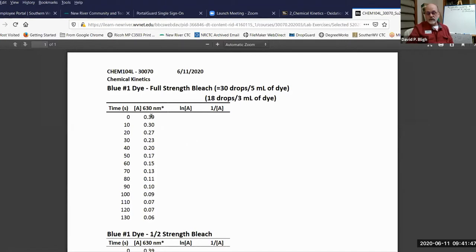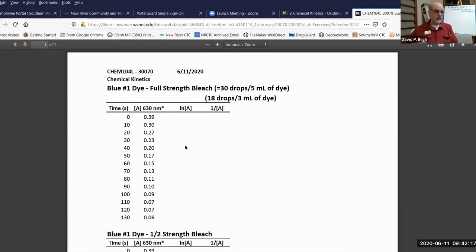It's up to you to graph each one and determine which one is the proper order for that reactant. In this case, it would be for the blue dye. Later I'm going to show you how to use this information in an Excel spreadsheet to reduce the labor involved.